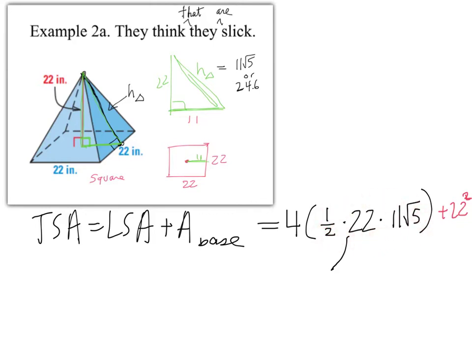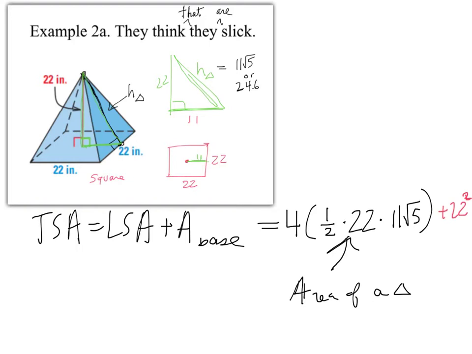Each of these represents the area of a triangle, each triangle. That's what you see in parentheses here. And then plus 22 squared, I said 22 times 22 for the area of the base.